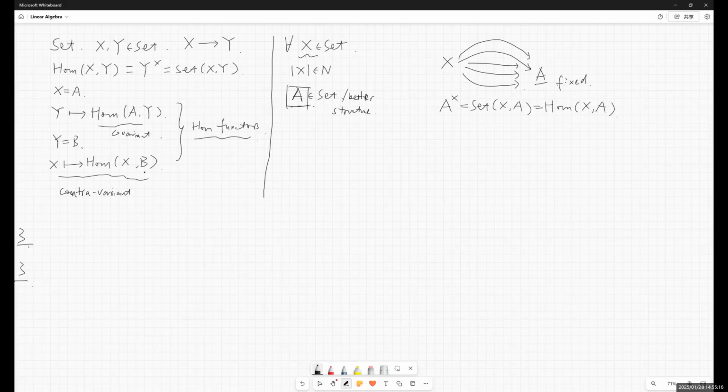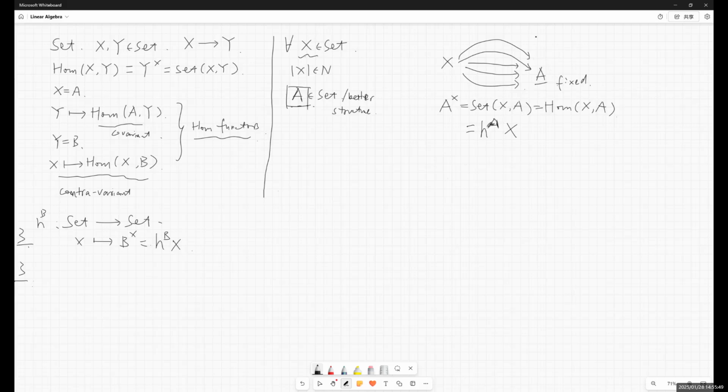Usually we use another notation like this, from set to set, from X to H_A(X). So H_A is a functor.